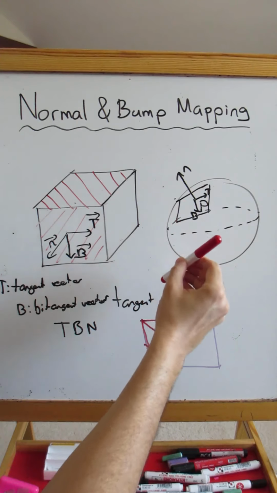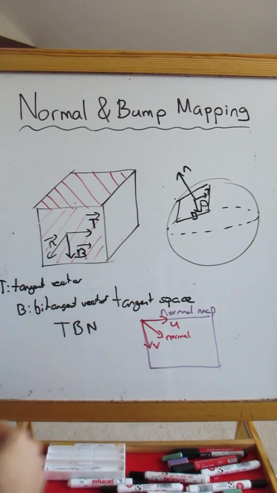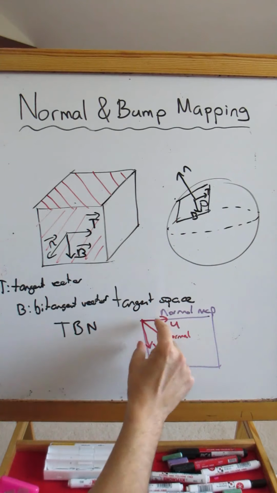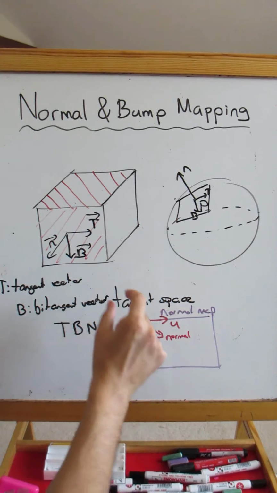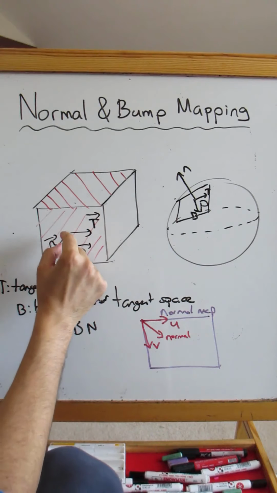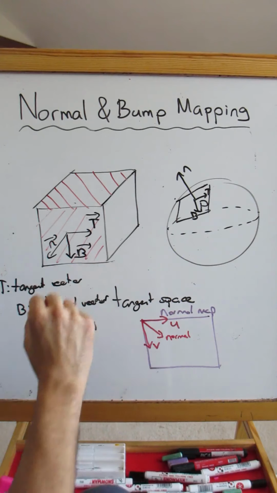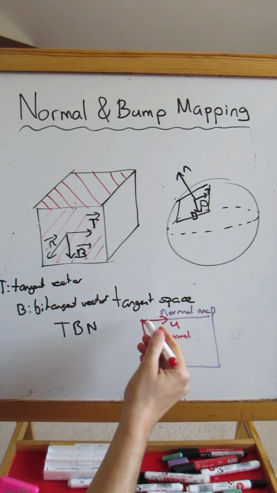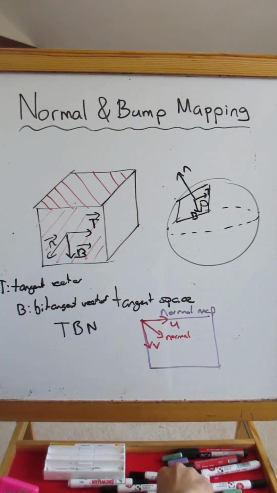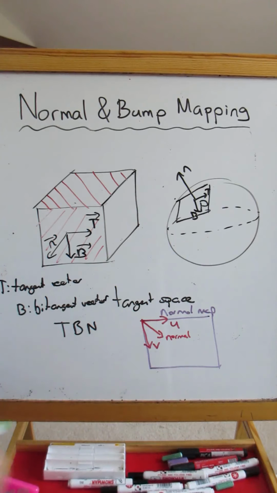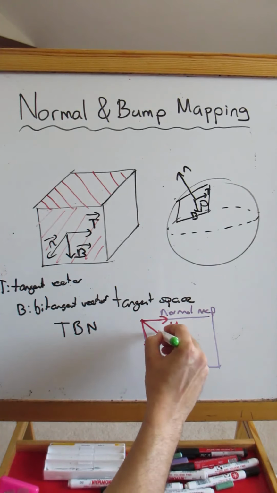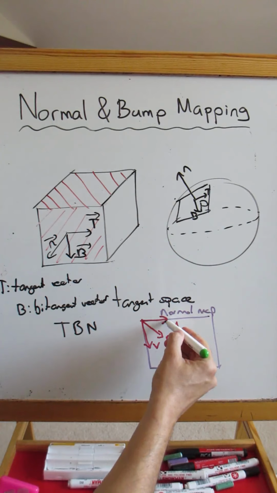So if we match this space on the normal map with the tangent space on the surface, we are going to reorient the normal. In this example, we are saying that the normal is pointing towards the U direction.